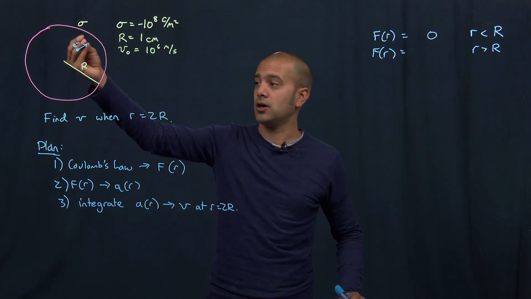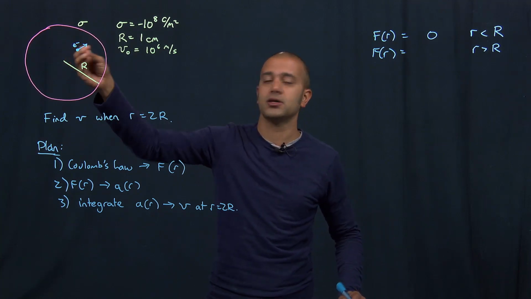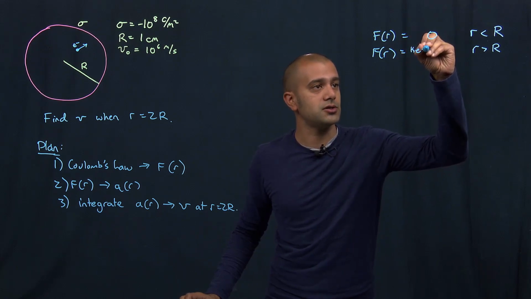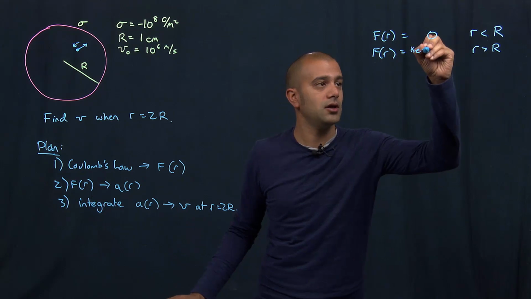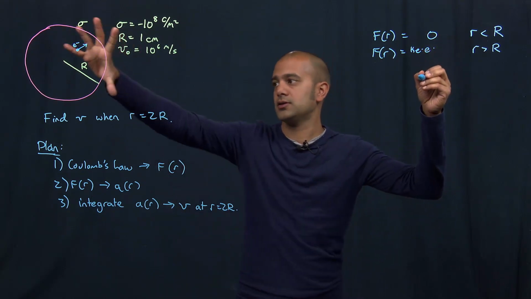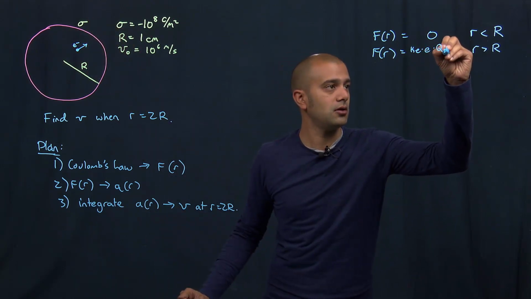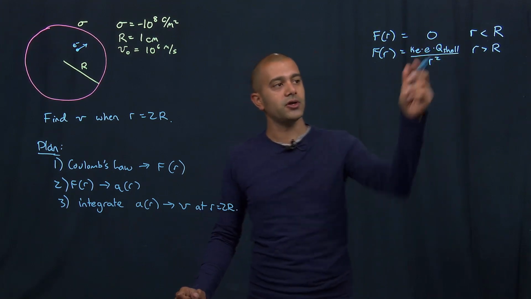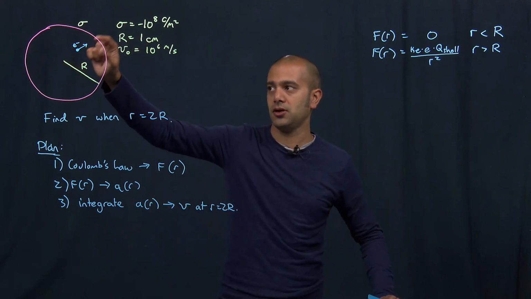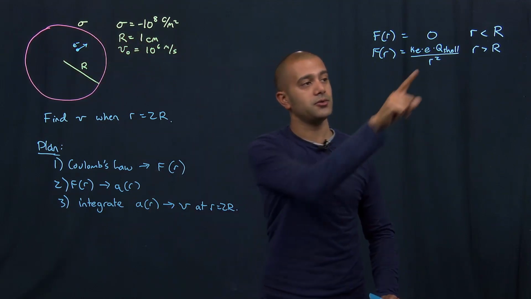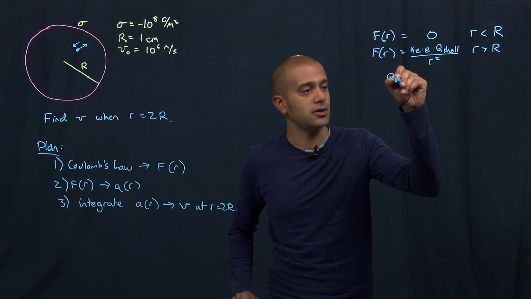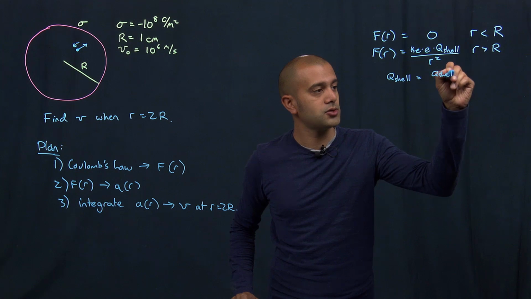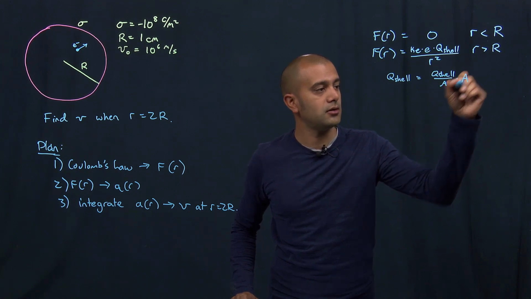And the point charge, by Coulomb's law, gives a force of the Coulomb constant times the product of the charges. So in this case, the charge of the electron is e, and the charge of the entire shell I'm just going to call Q shell, divided by the radius squared. And for Q shell, that's going to be the total charge upon the shell. Now we have a charge density here, so I'm going to rewrite that total charge in the shell as charge per area times area.